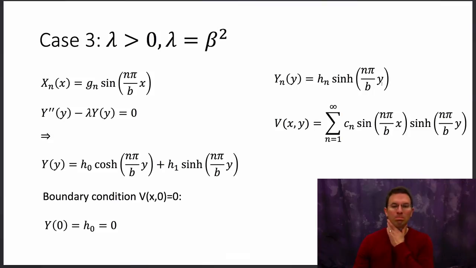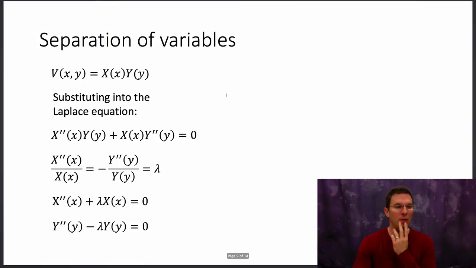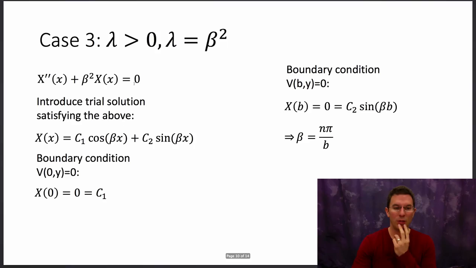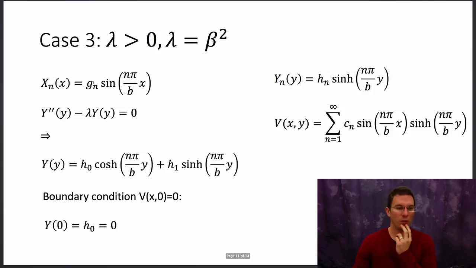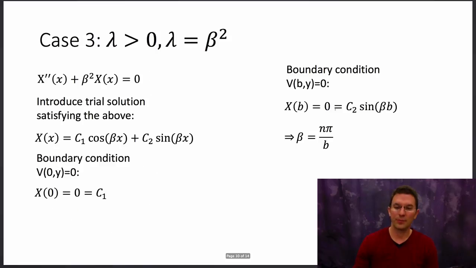Now remember, our total solution v is the product of X of x times Y of y. So we're going to take our trial function for X and multiply it times our trial function for Y, and that gets us an infinite series. At least at this stage, we have to sum over all these integer n's, because n in this equation can be any integer.